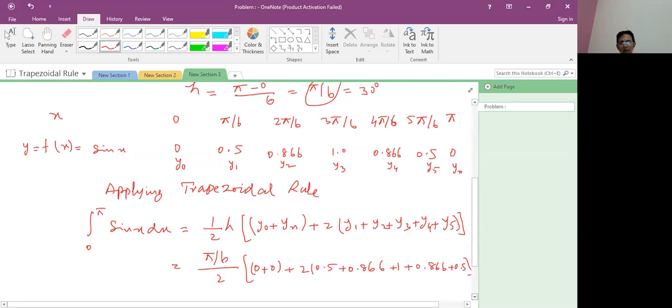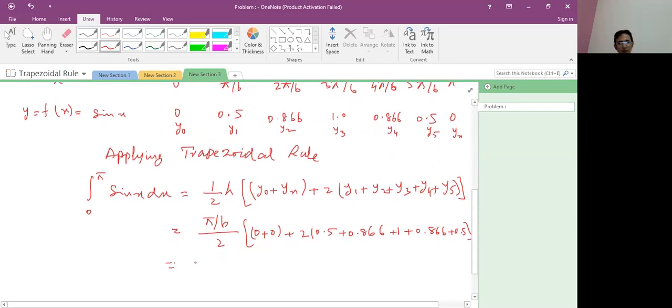So after that, it is pi by 12, and when we find it with the help of the calculator, it is 2 into 3.732.